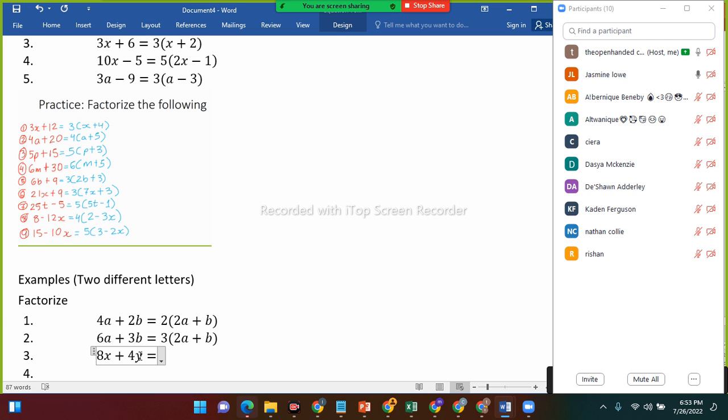Very good. So 4 is the common factor. So what do we put inside? 2x plus y. Very good. Because 4 times 2x is 8x, and 4 times y is 4y. Excellent.